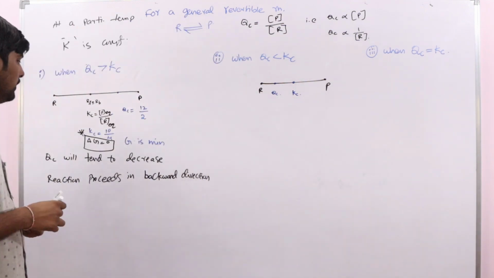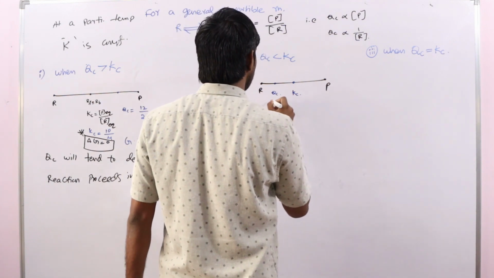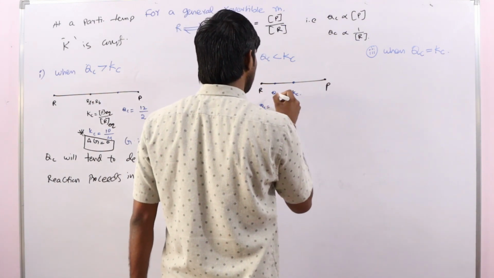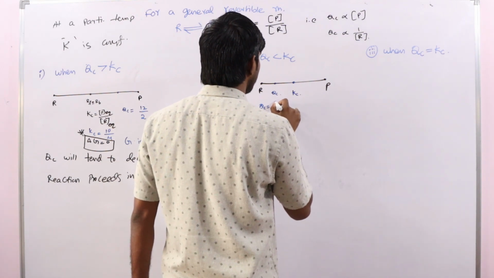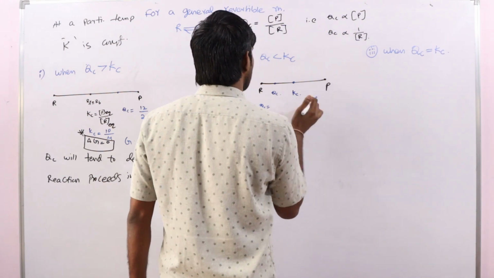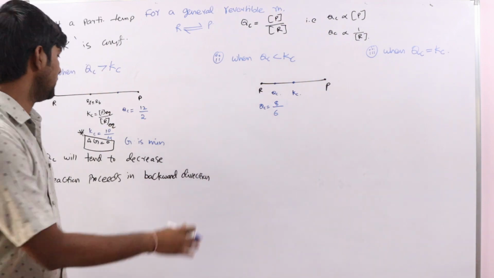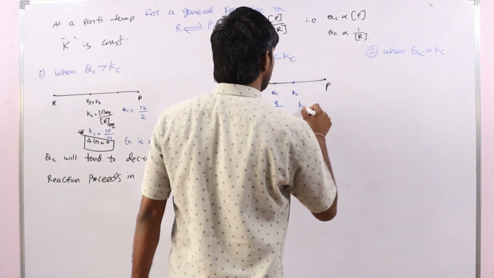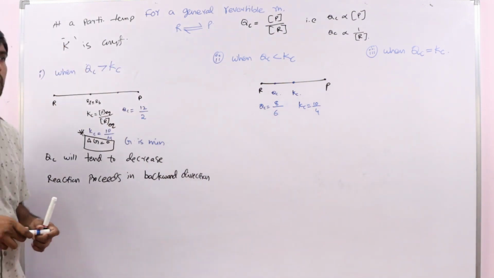Let us assume QC is equal to, at this position, suppose 8/6. Okay, we are assuming, and Kc is equal to how much? Kc equal to 10/4.